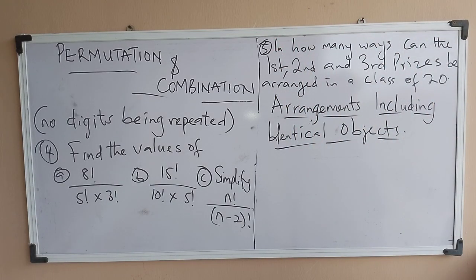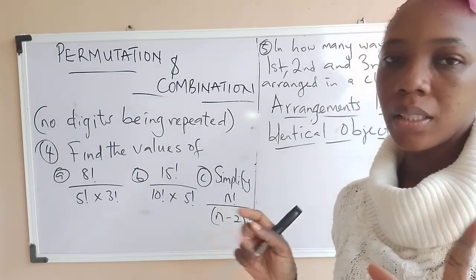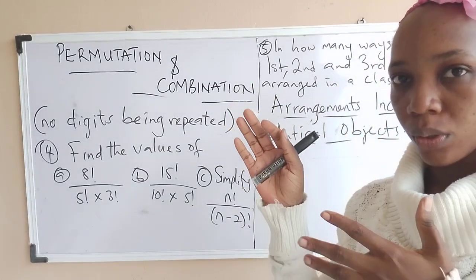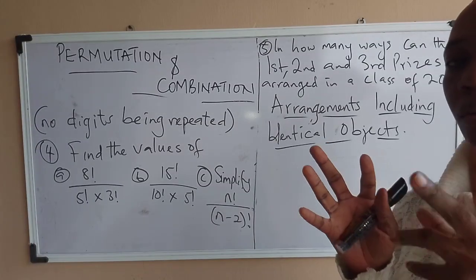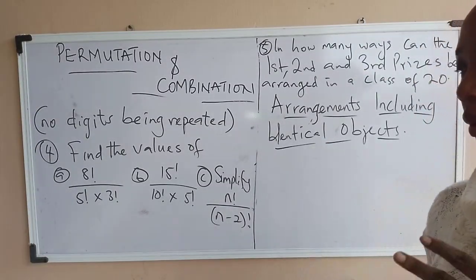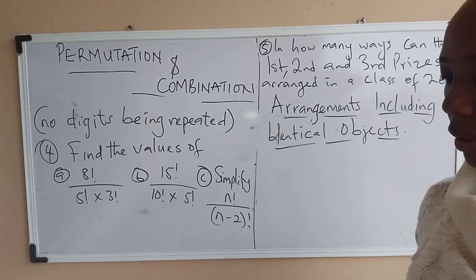The formula for this is, place the total number of items that are given at the numerator, and then the total number of the identical objects as well at the denominator. So that's what we'll be using.